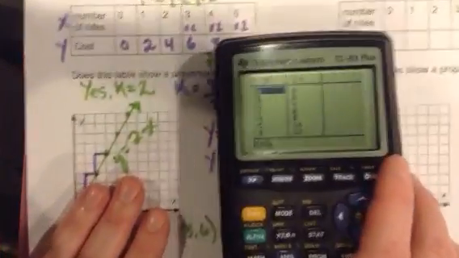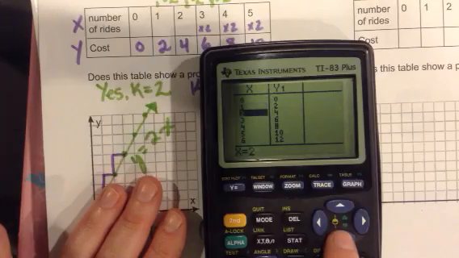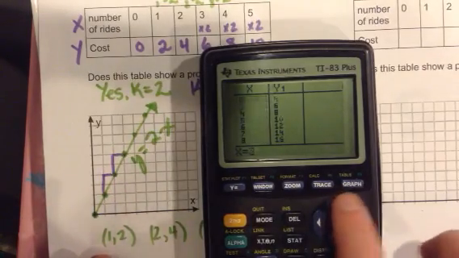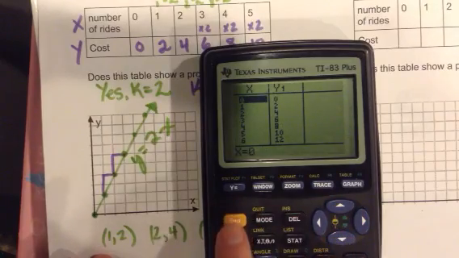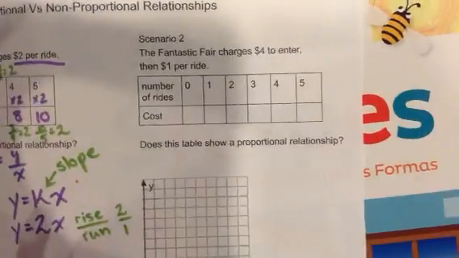And then you can see this data that we filled into the table, 0, 0, 1, 2, 2, 4, 3, 6. It has all those coordinates that we use to graph it. You can hit second mode, or just turn it off because we're going to start the second one over here.